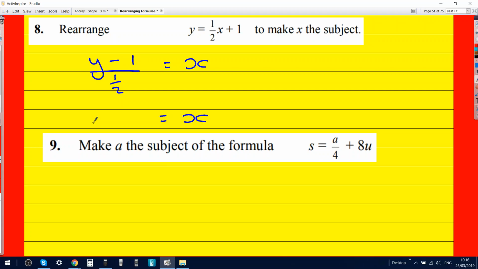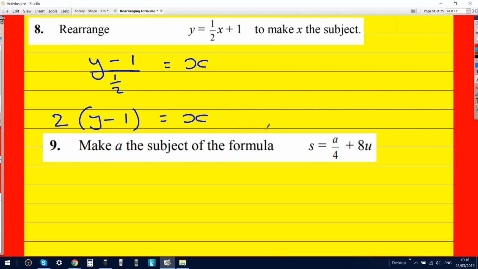Dividing by a half is the same because of keep change flip. It's the same as times by 2. Okay. And so the easy way to divide, you just put a line, stick it under the line. The easy way to multiply would be put a bracket around it and 2. So it just means everything on that times 2. And dividing by half is, it's not easy. Times by 2, easy.